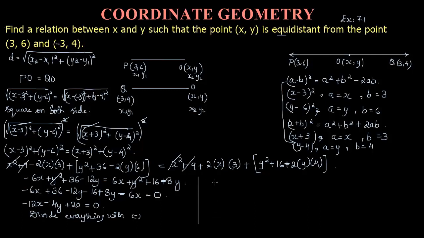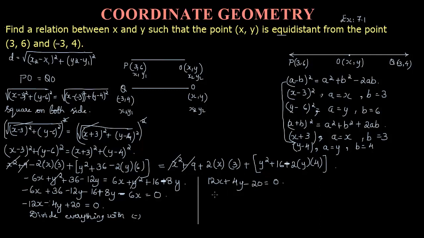Minus into minus will become plus, so 12x. Whenever you want to divide any equation with a negative number, the sign will get changed. If it is minus, it will become plus. If it is plus, it will become minus. So this will also become plus, and this will become minus because it was already plus.